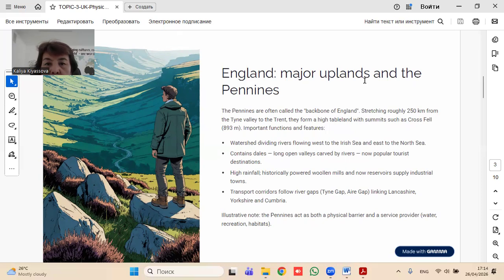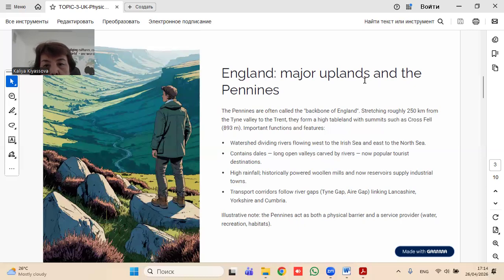Important features: a watershed dividing rivers flowing west to the Irish Sea and east to the North Sea. It contains dales, long open valleys carved by rivers, now popular tourist destinations. High rainfall historically powered woolen mills, and now reservoirs supply industrial towns.